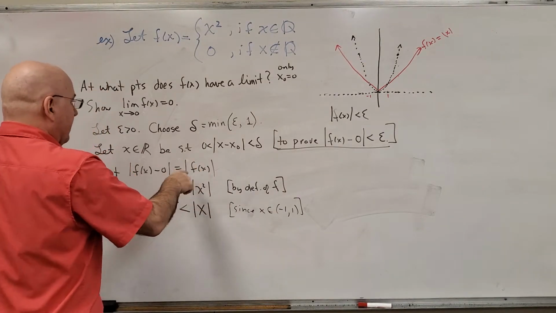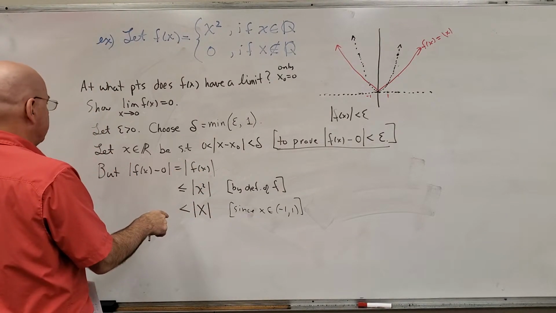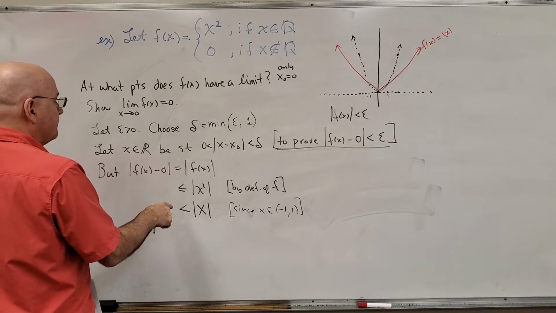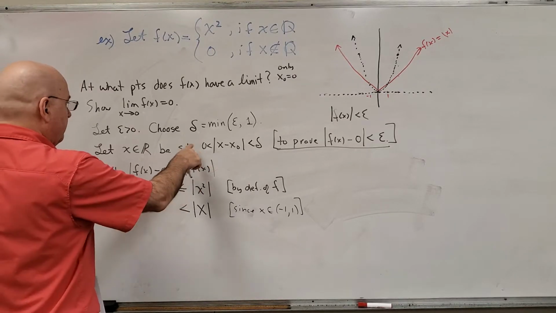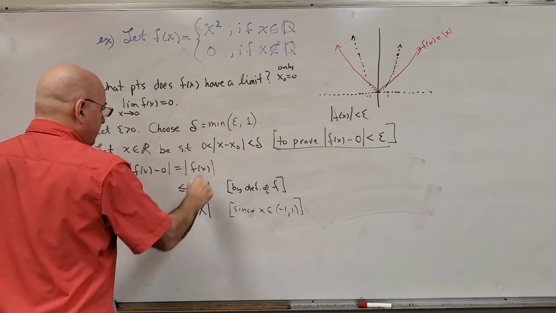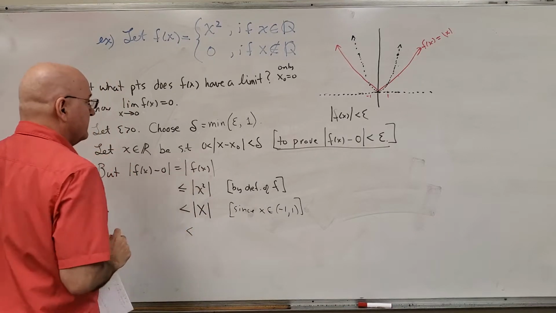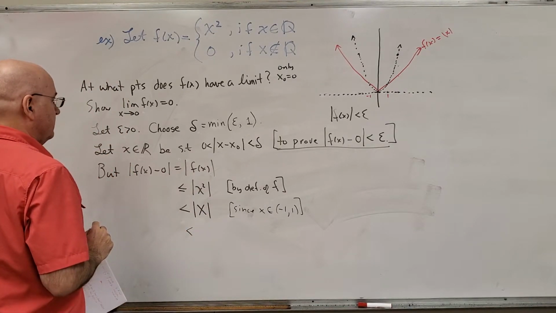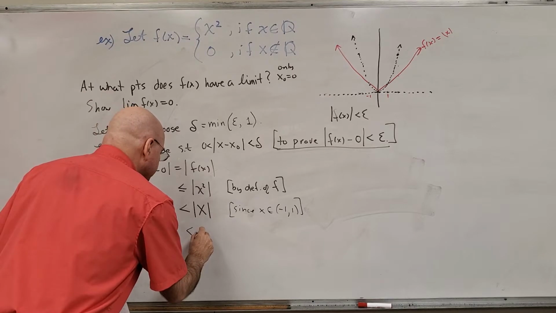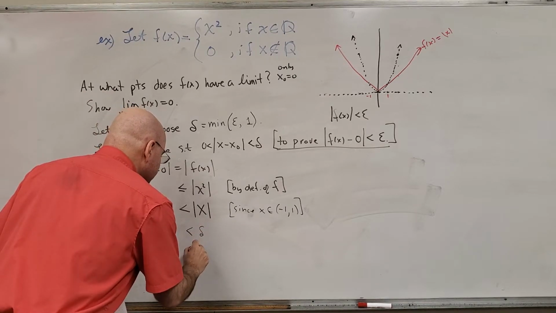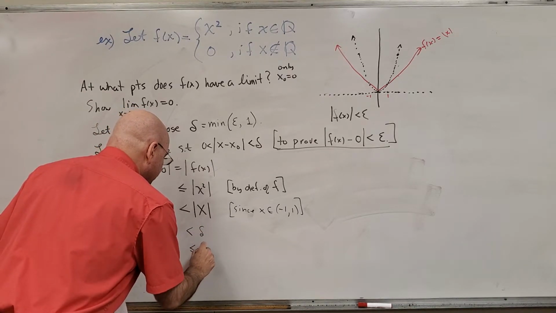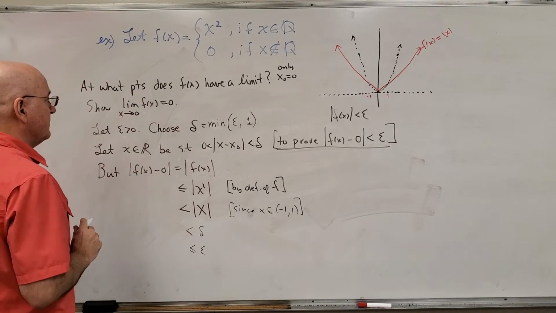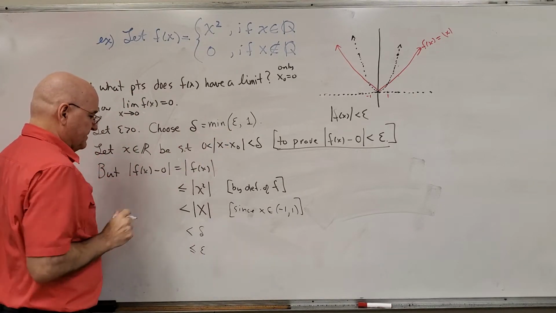Well, we already know that right here, that's less than delta, which is less than or equal to epsilon. Is that right? Because delta could equal epsilon.